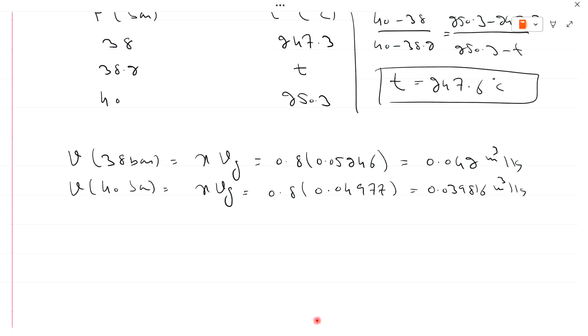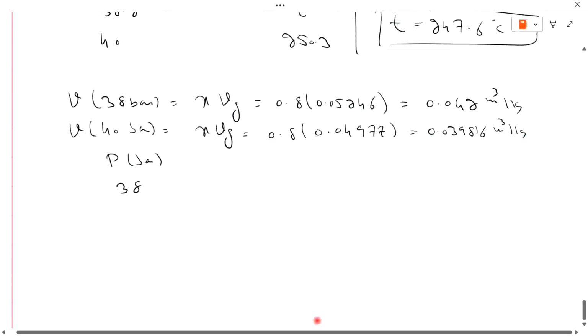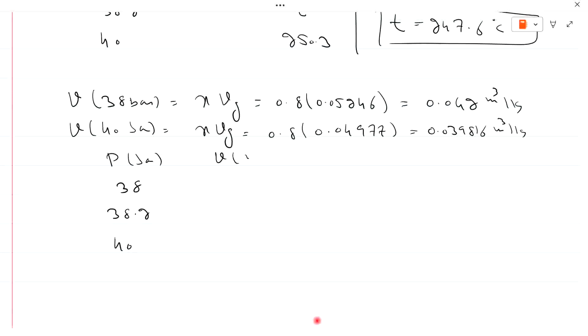Now do interpolation. Pressure in bar is 38 bar, 38.2 and 40 bar. Specific volume in meter cube per kg: at 38 bar specific volume is 0.042 and at 40 bar this is 0.039816 meter cube per kg, and at this point it is required.